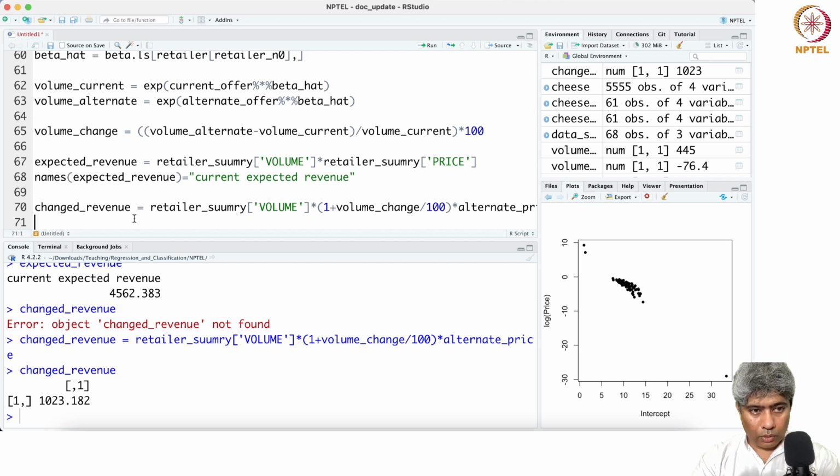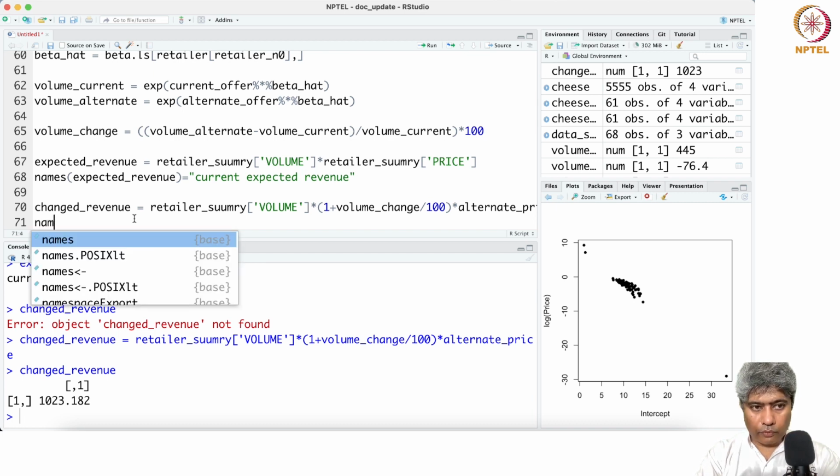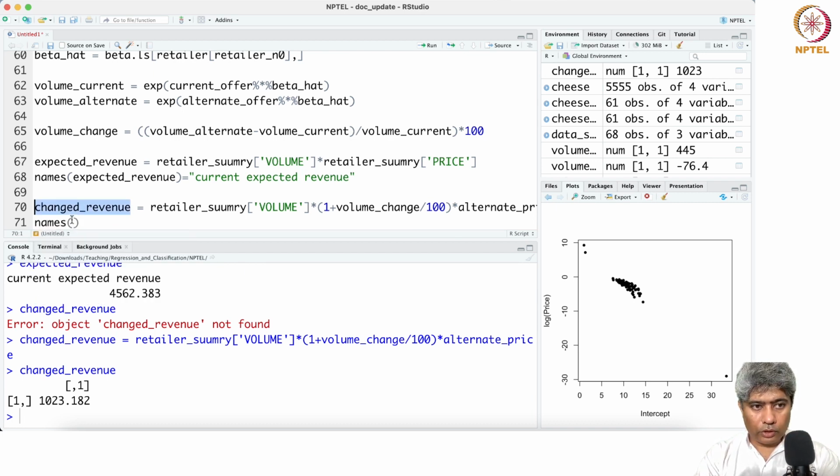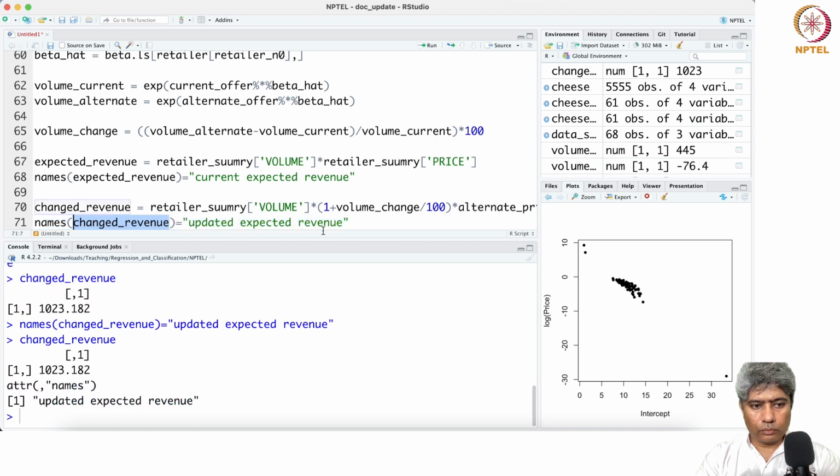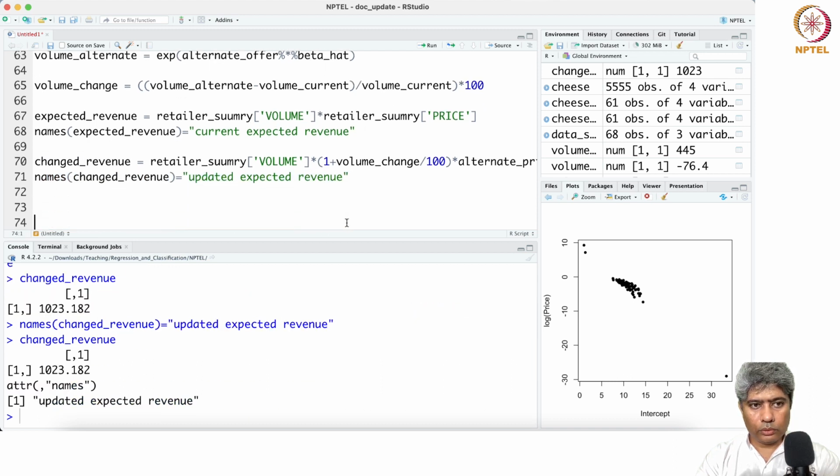So this is the change revenue, the updated expected revenue. Okay.